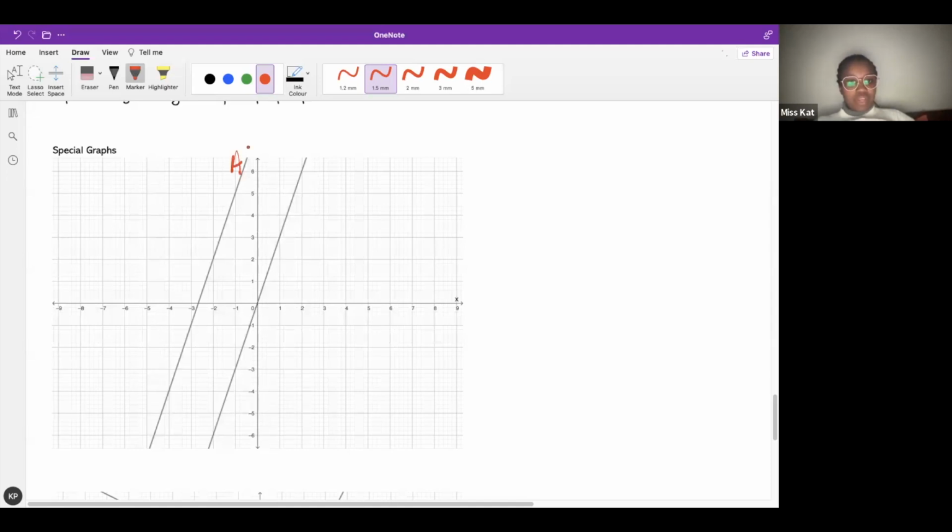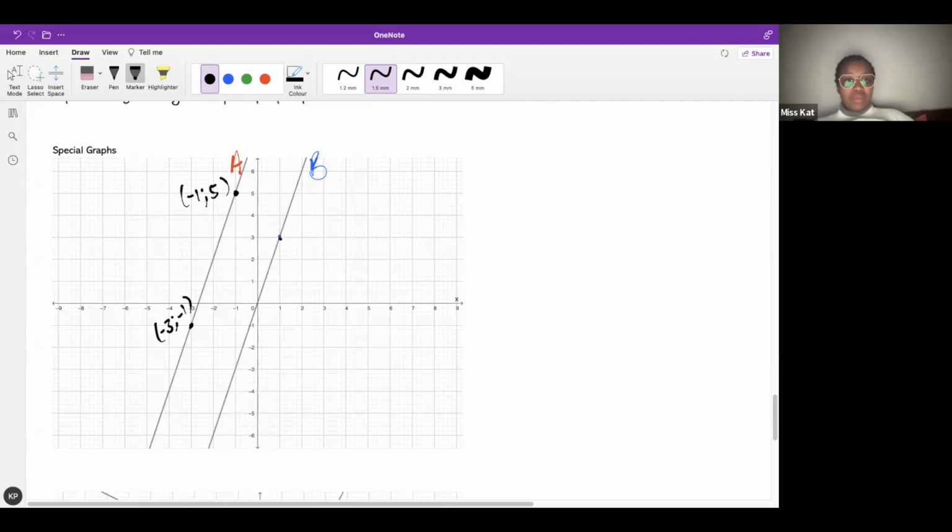This will be graph A, and this will be graph B. Now let's work out the gradients of graph A and graph B. There's a point on A that would be -1 and 5, and another point is -3 and -1.